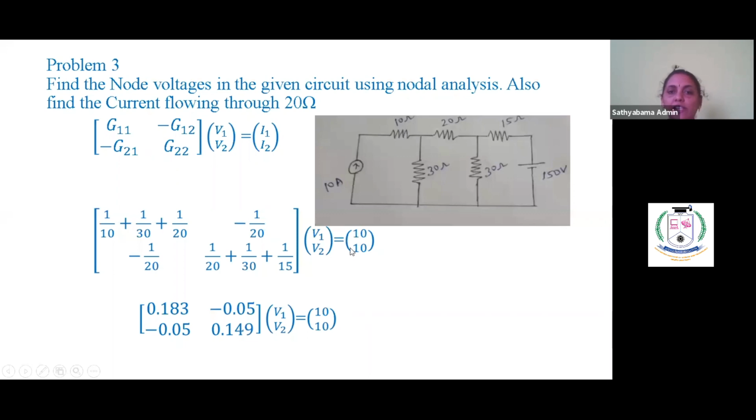Now coming to the currents. See node 1 here, this 10 amps is incoming. So it is plus 10. Coming to I2. I2 is going to be the current flowing to the second node. If you check here, this is the second node and 150 volts is the voltage source. So 150 by 15 is going to be 10.